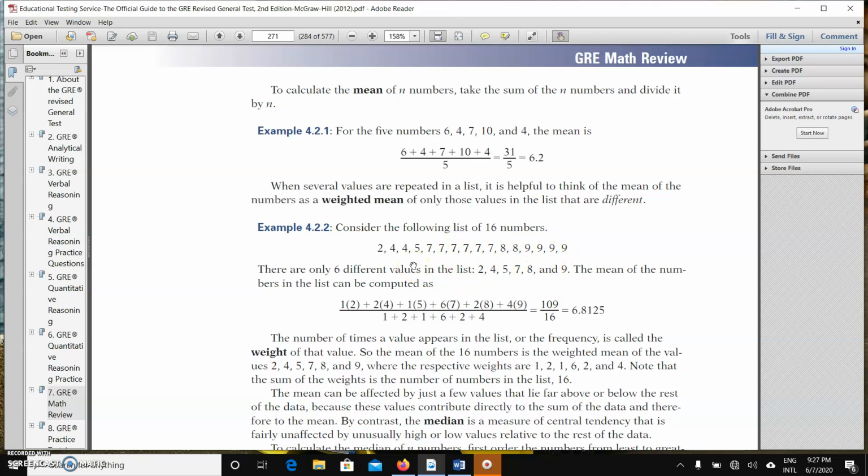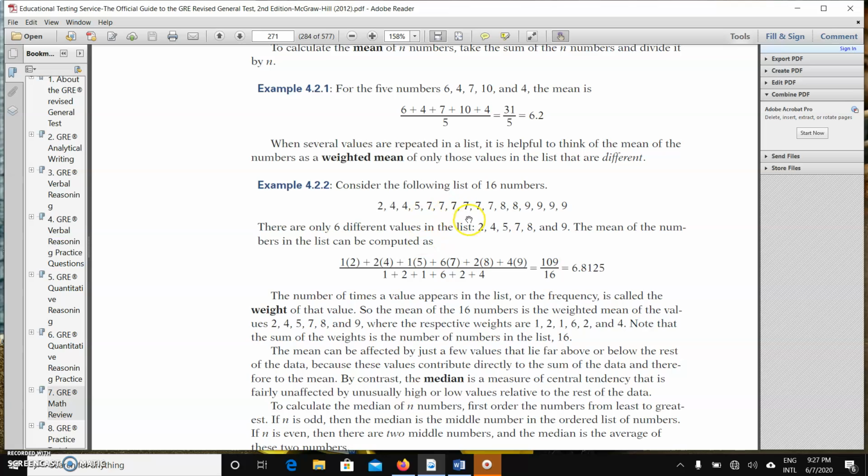So this is how to do it. It's still the same formula: sum of data over the number of data. The sum of the data in this sense means you add everything together, but to save calculation, you use the repetitions.